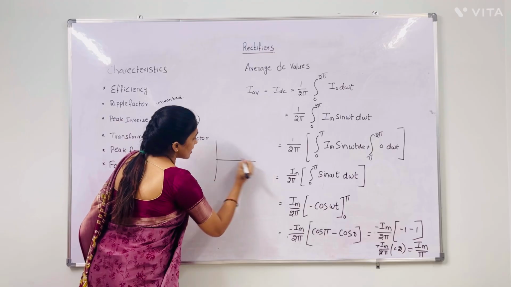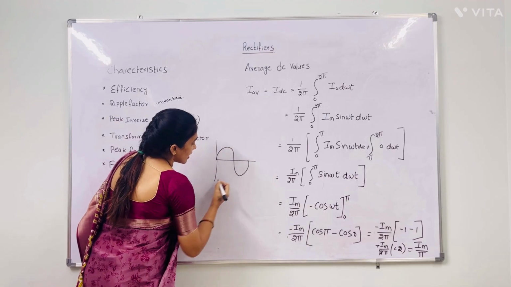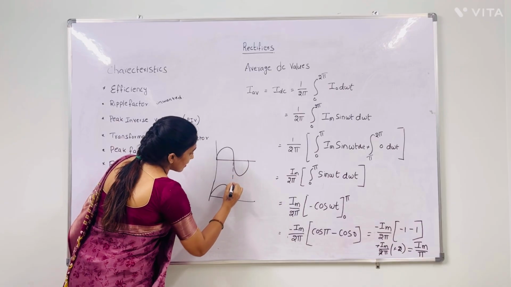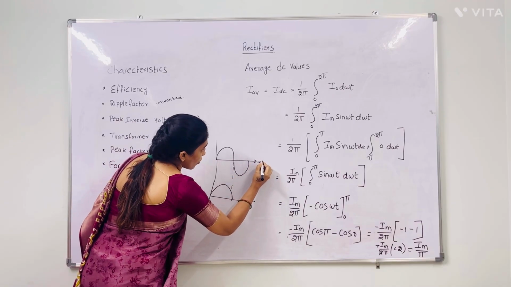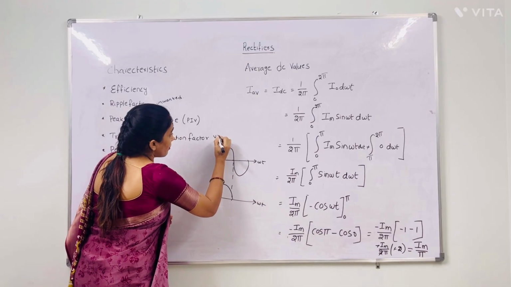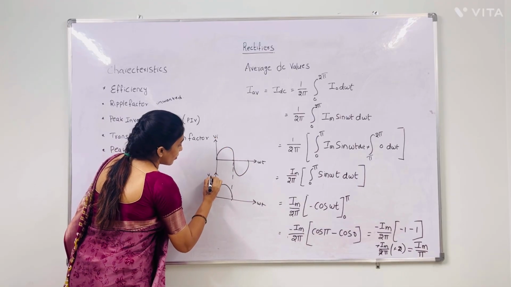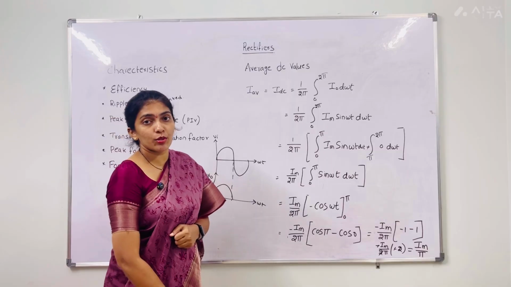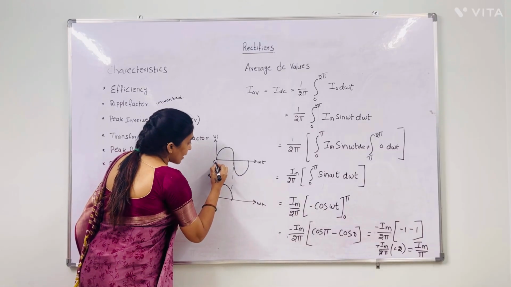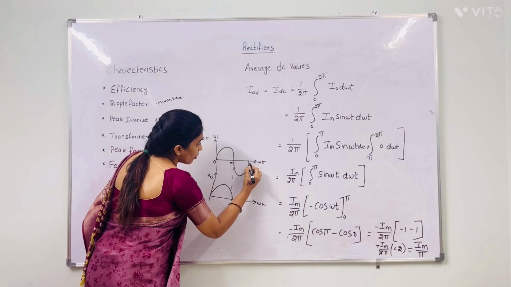Here we are taking the limits from 0 to 2 pi. This is the input signal and we get the output signal like this. X axis is omega t, the time period. Y axis is the input voltage Vi for the input signal and V naught for the output signal.